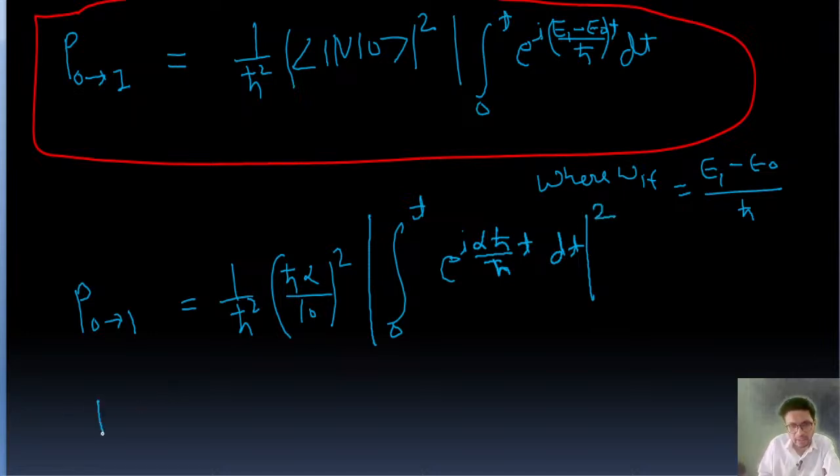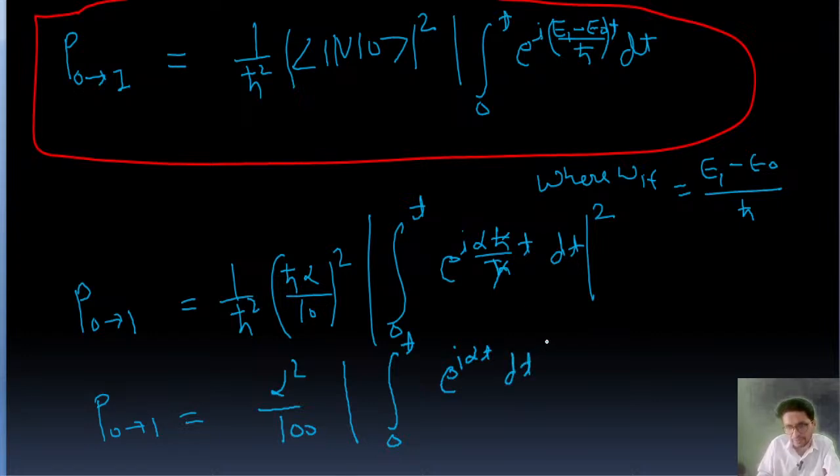So this value P0 to 1 is going to be 1 upon h cut square, and h cut square is going to be cancelled if you open this square, so this is alpha square upon 100, and mod of integration from 0 to t of e to the power iota alpha t dt, because h cut will get cancelled.